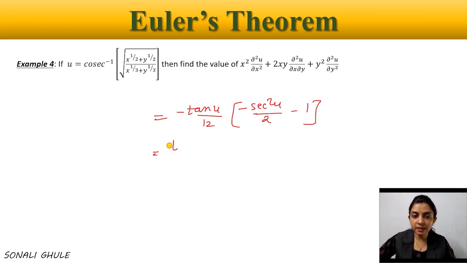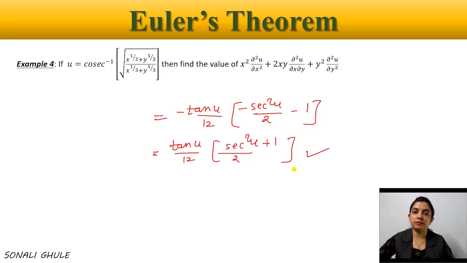Multiplying by the minus sign, that gives tan u upon 12 in bracket sec square u plus 1 upon 2. That is the required answer. They are asking us to find the value, not to prove. So simply put the values of g of u and g dash of u. That will be your final answer. No further steps are needed here.